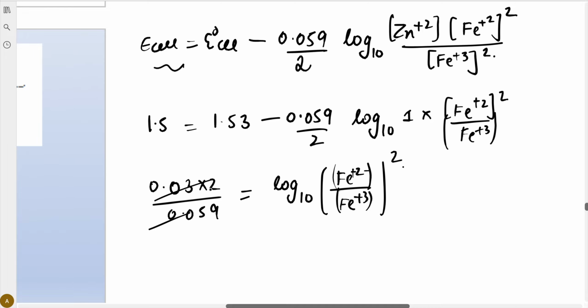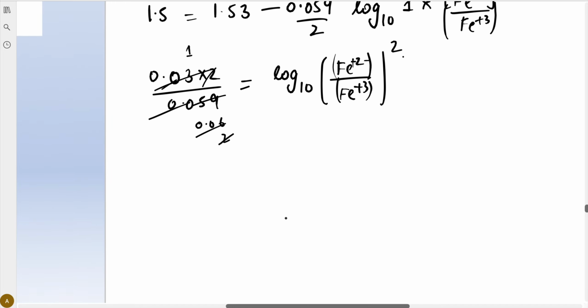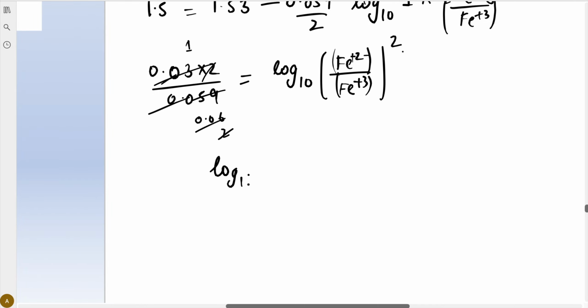So try to cancel out these things. This one will come how much? So log with the base 10, this will come 1. You take 0.06 only. So here 2 and 2 will cancel. Log with the base 10 value will come.